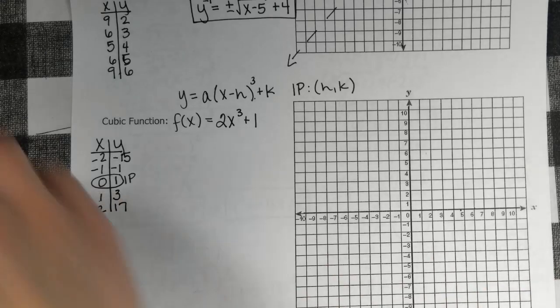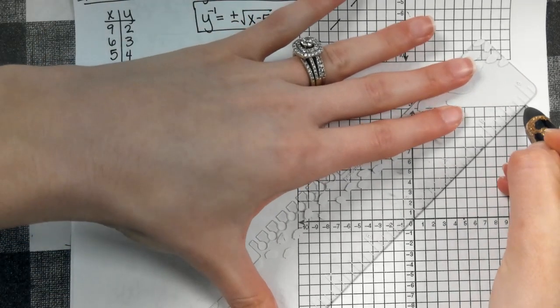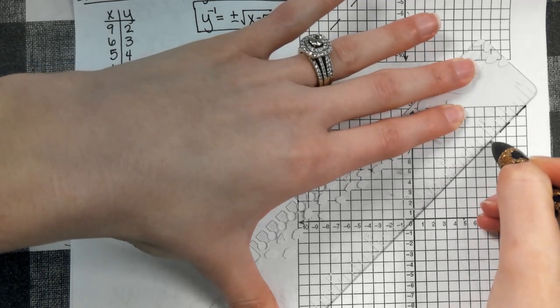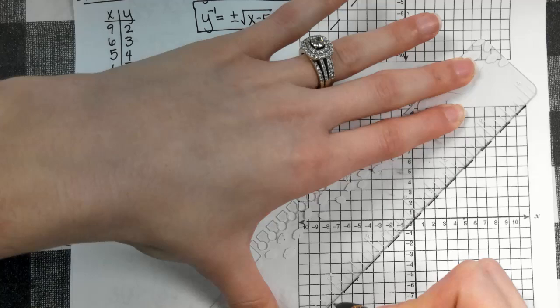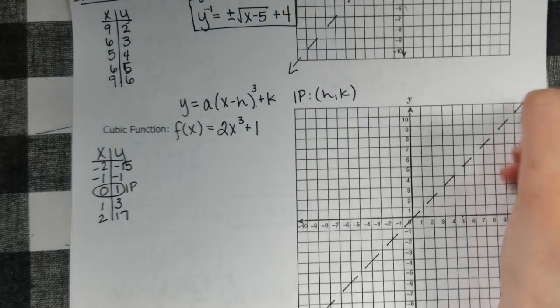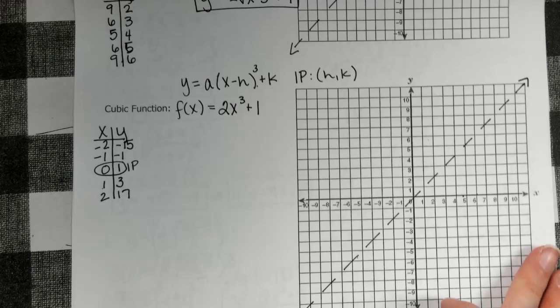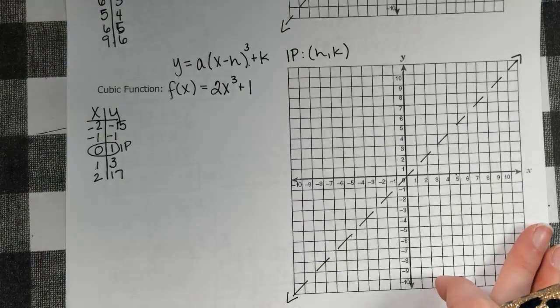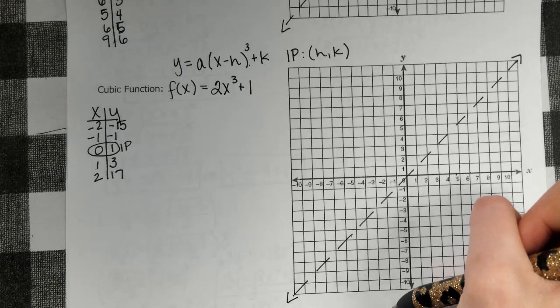Okay, so I'm going to have my y equals x axis of symmetry line. I plot -2, -15, which goes off my graph.